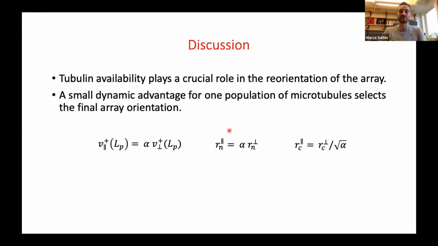But at the same time, we can assume that this small advantage could have been in the intrinsic nucleation rate of longitudinal microtubules over transverse ones, or in a slightly reduced catastrophe rate. Of course, I didn't show you this in these slides, but making this assumption basically makes us end up with exactly the same result. We can observe no difference whatsoever.